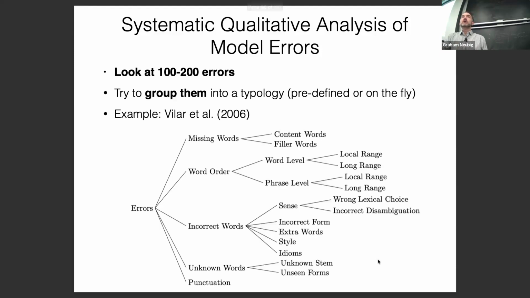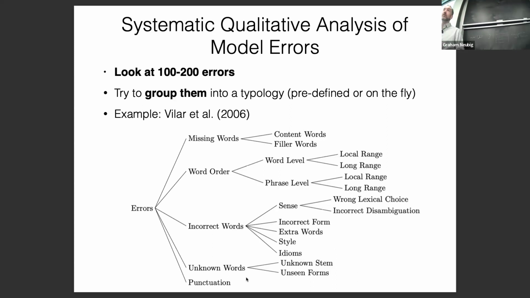And this is just one example of a typology that was defined by Vilar et al., where they tried to take machine translation errors and group them into various varieties like correct words, filler words, local range, long range, word level, word ordering errors, local range, long range, phrase level, local range, long range, and stuff like this.